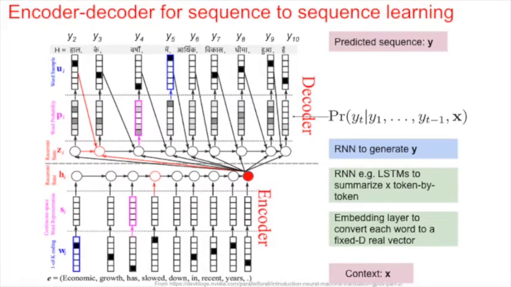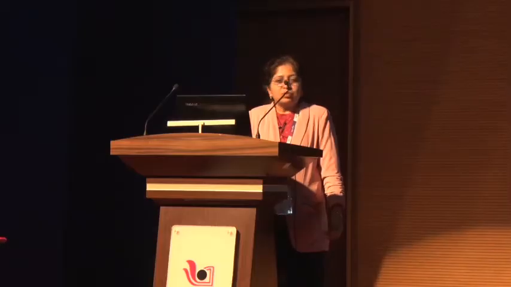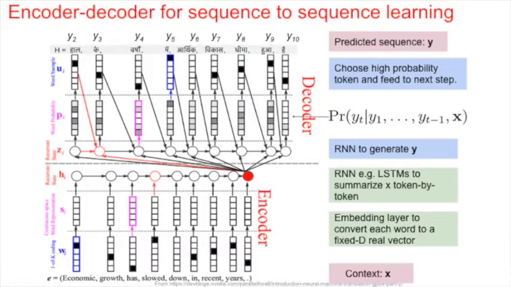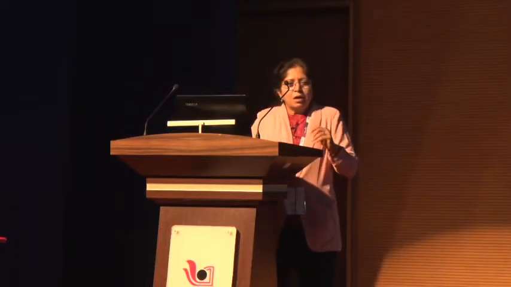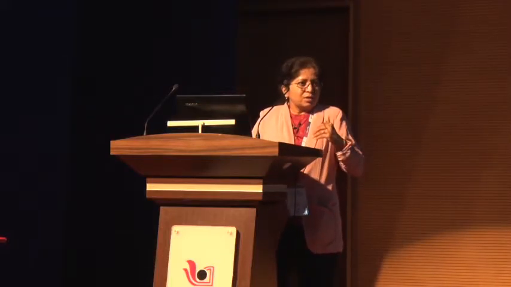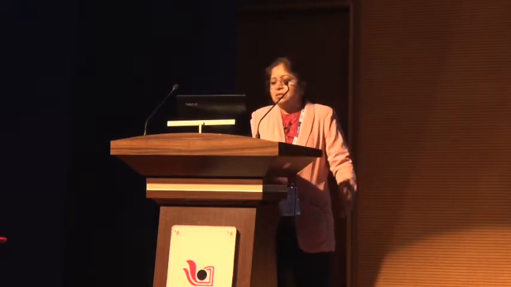So, we start with that, and then we generate a distribution of the possible first words of the sentence. After we have generated the first word, we feed that as input and generate a distribution over the second word, so on and so forth. So, this is very crudely how translation is done in modern deep networks.